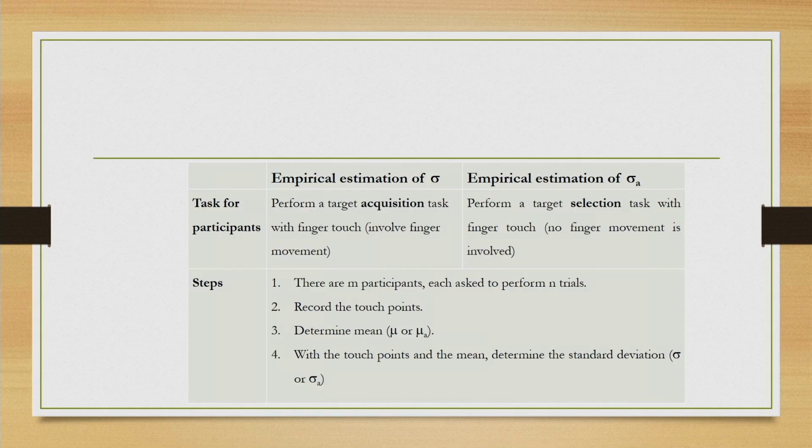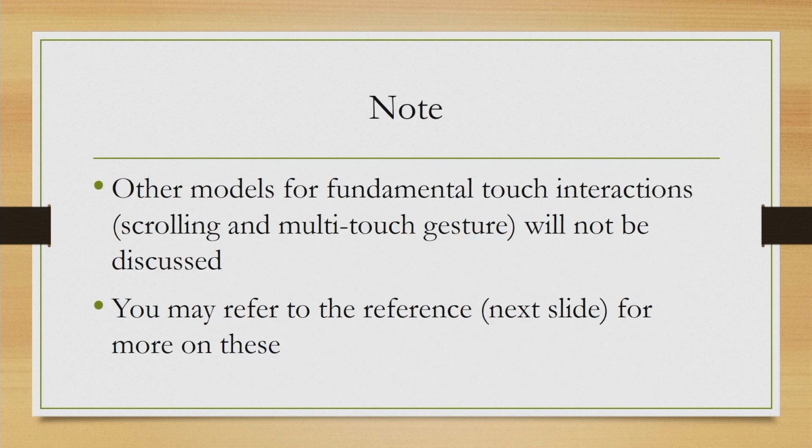So, in this table I have summarized the details of the empirical studies required to estimate sigma and sigma A, which I have already discussed. Now, this is one of the models that are there to compute performance of the fundamental touch interactions.